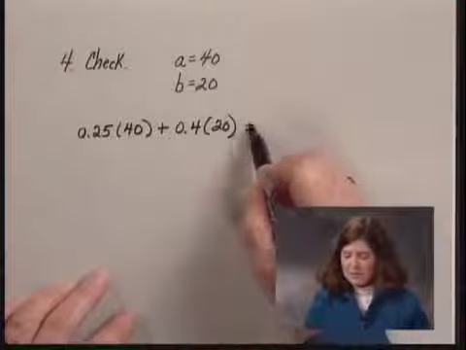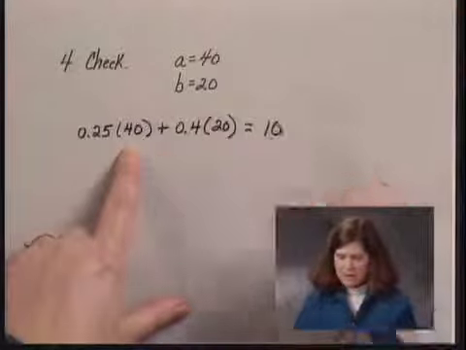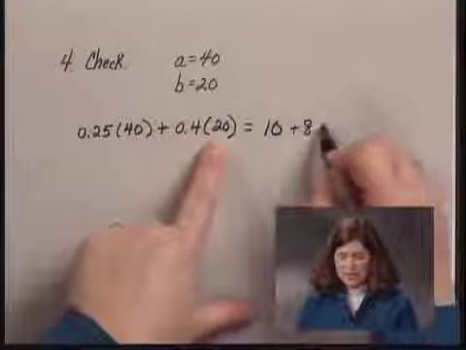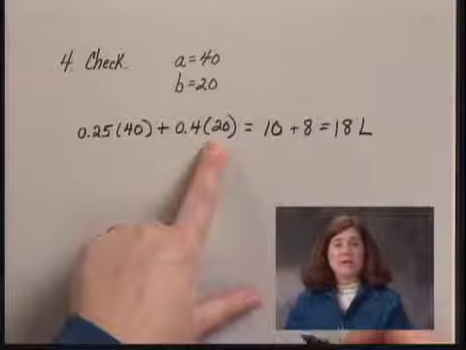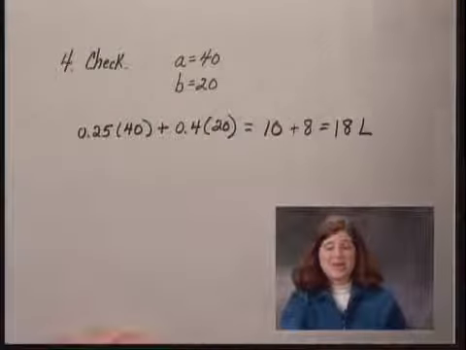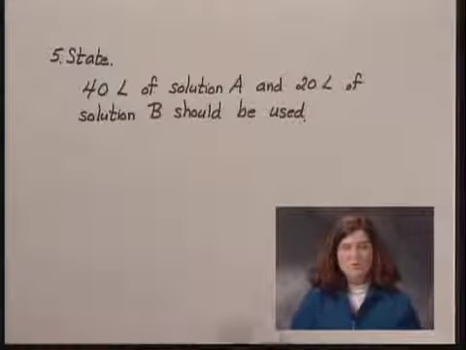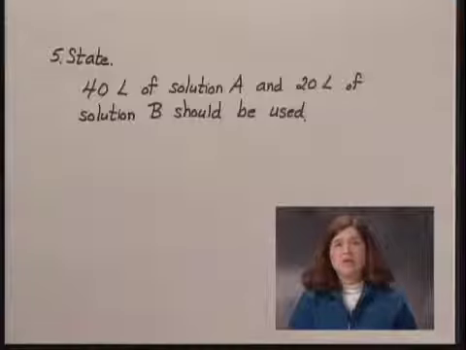If we add this together, 25% of 40 is a fourth of 40, or 10. 40% of 20 is 8, and that would give us 18 liters. And that is what we calculated we needed as the amount of acid in the solution. So our answers check. And we can state, as our last step, that 40 liters of solution A and 20 liters of solution B should be used.